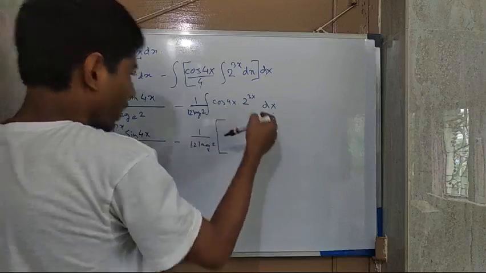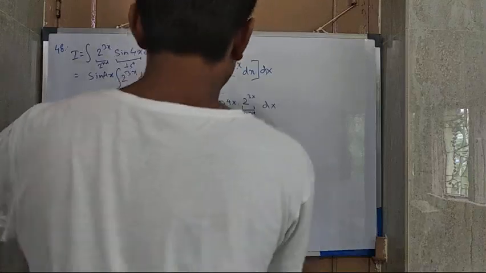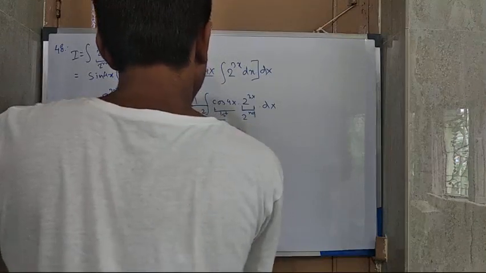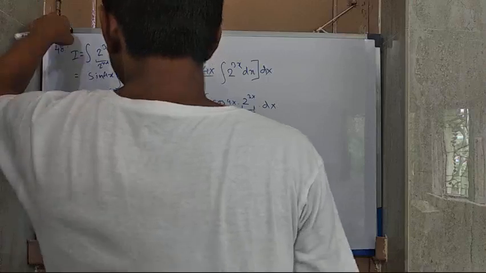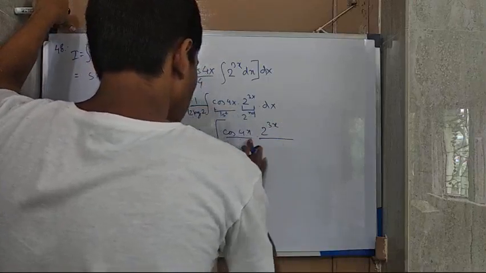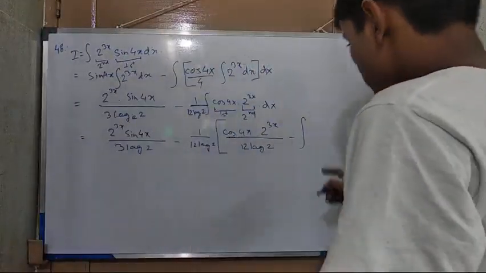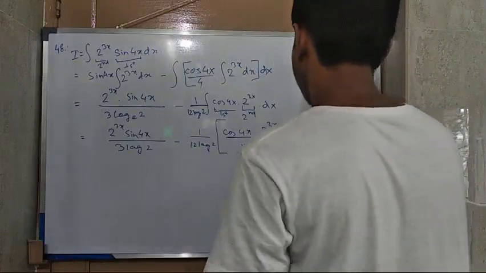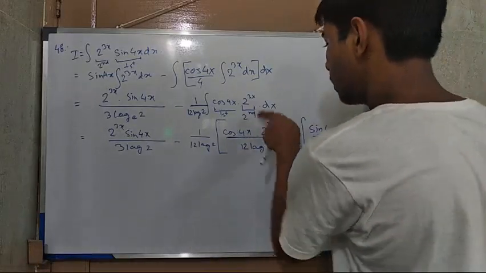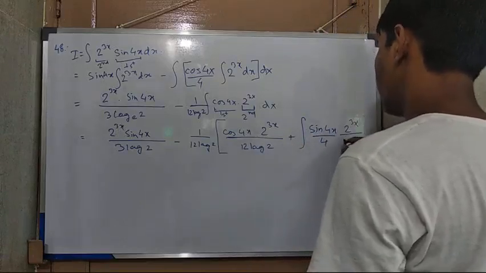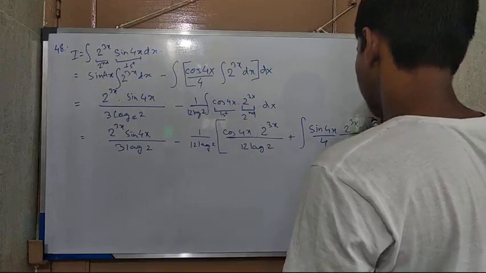Now integrate this by parts again, using this as the second function and this as the first function, and this will give cos 4x by 4 times, integrating this will give 2 to the power 3x by, the denominator remains same, 12 log 2, minus integral, differentiating this will give a positive sine 4x divided by 4, and integrating this will again give 2 to the power 3x divided by 12 log 2 dx.